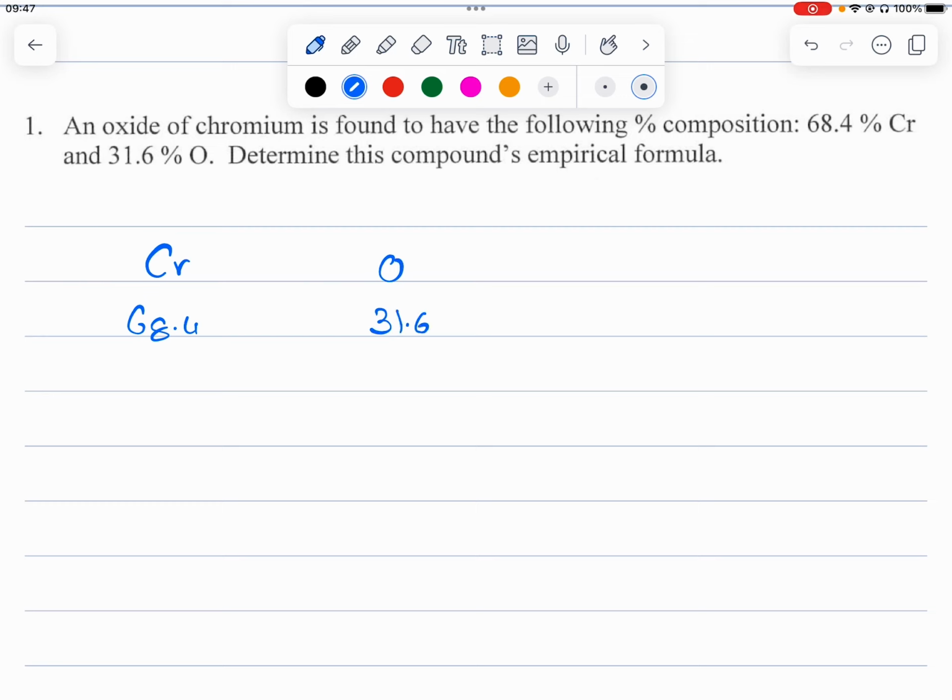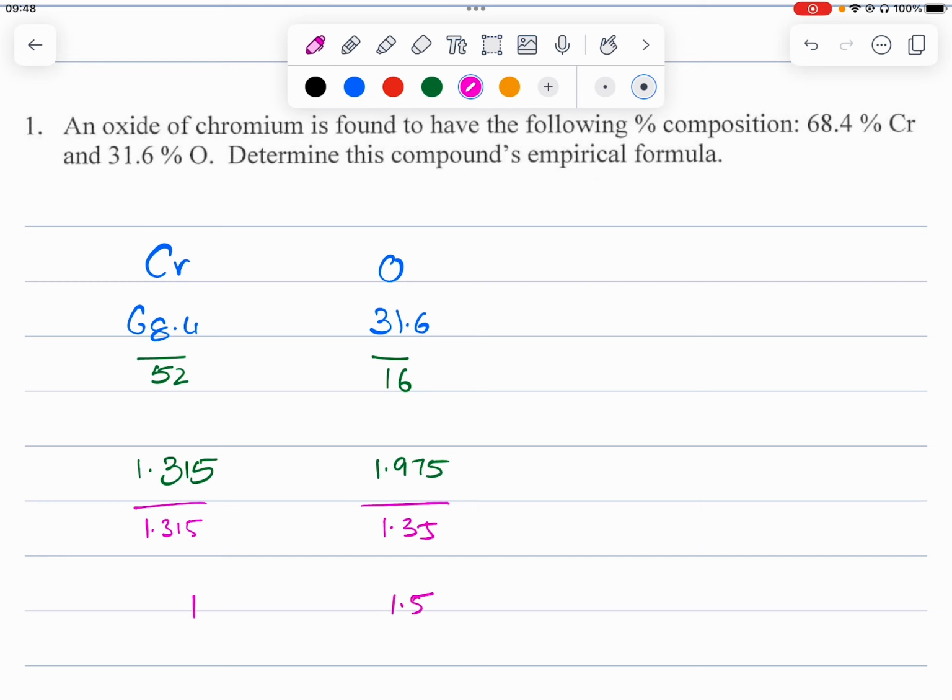Now what am I going to do with it? I'm going to divide by their atomic masses, which is 52, and for oxygen it is 16. So I get 1.315 over here, and over here 1.975. The smallest is 1.315, so divide with 1.315, and I'll get 1 and 1.5.